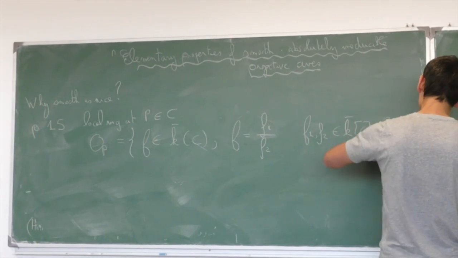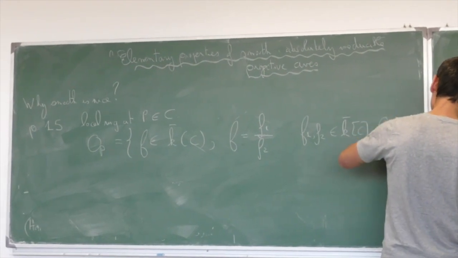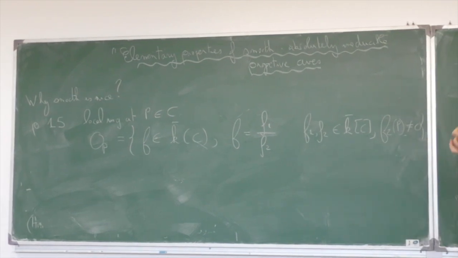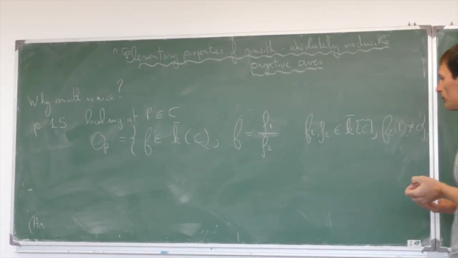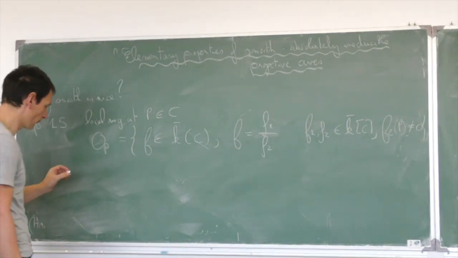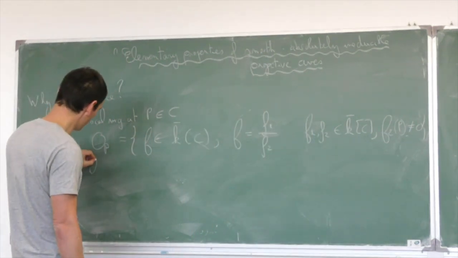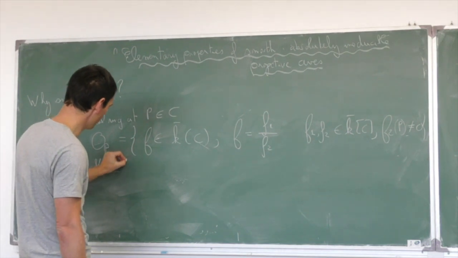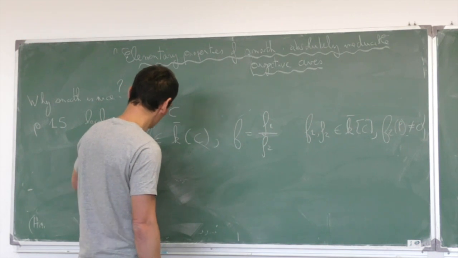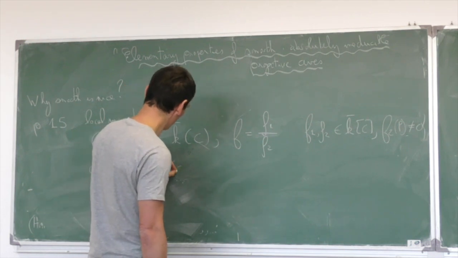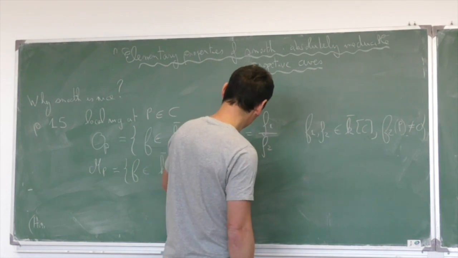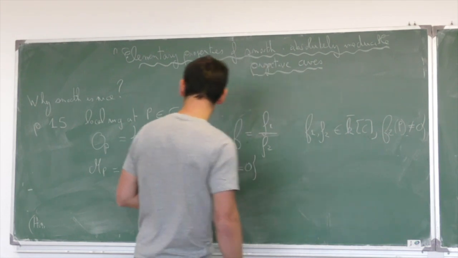And I'm asking that f2 at P is not 0. So it is a local ring, indeed, because it contains a unique maximal ideal. The unique maximal ideal, I'm going to denote it MP, and it's easy to see that it's the set of f inside K bar of C, such that f at P is 0. All right?